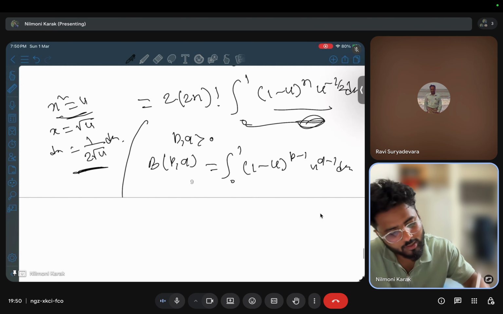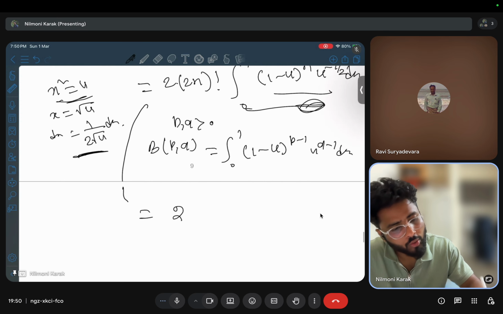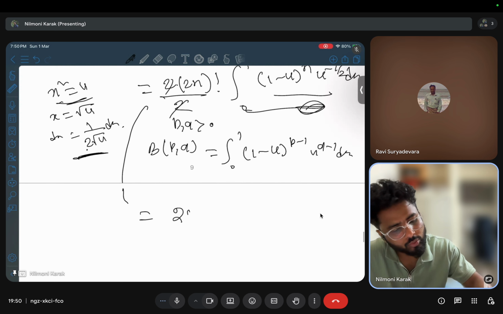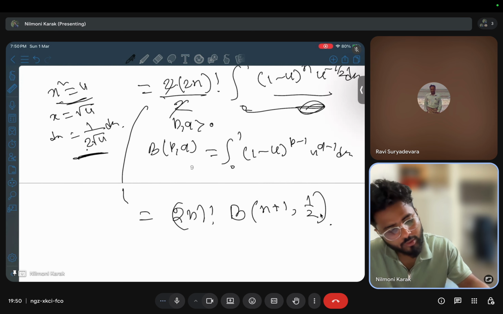So this is actually 2 times (2n)!, and also this 2 and this 2 cancel. So (2n)! β(n + 1, 1/2).